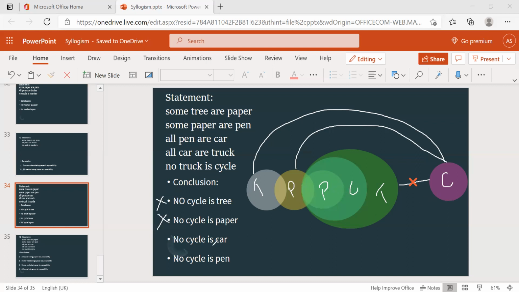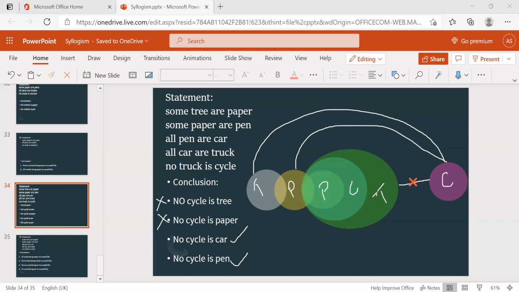Okay. Now check this another. So this will be the correct answer actually. No cycle is a car. So if it is fighting with truck, then it's also fighting with car. No cycle is a pen. Of course, it's the right answer, right? So pen is in cars, car is in trucks. So every pen and every car is under truck only.